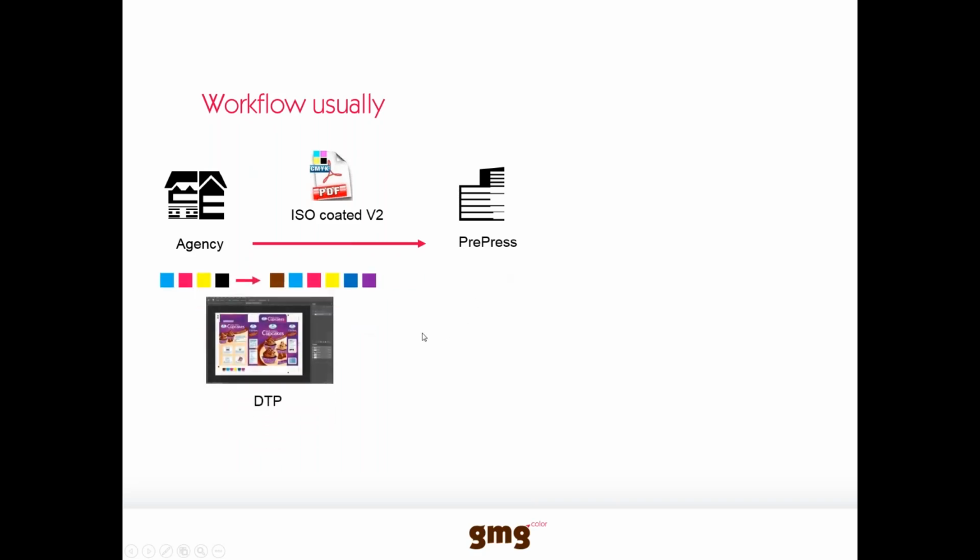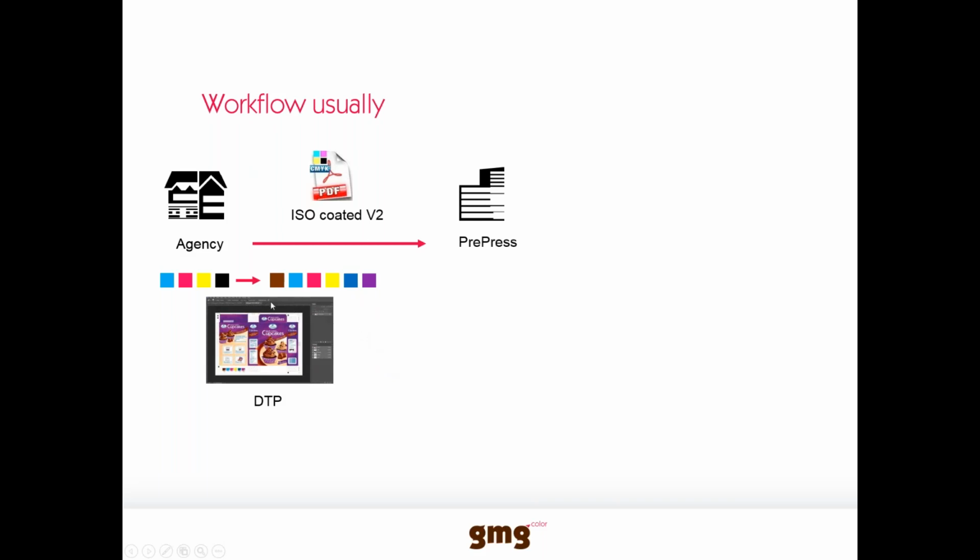Here we have a manual re-separation, mostly in Photoshop or other software solutions, where we convert from CMYK to that custom print setup where we have brown, cyan, magenta, yellow, blue, and violet. And therefore you need a lot of experience to do it, and it's a lot of time consumption. So a very extensive process.